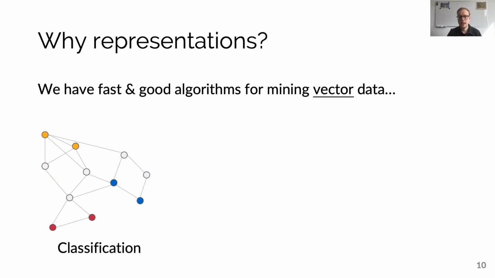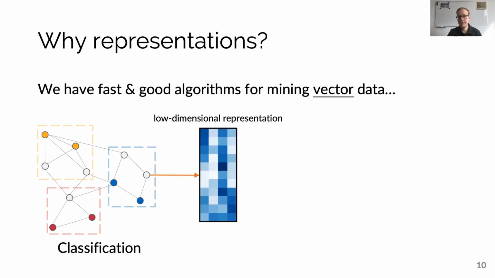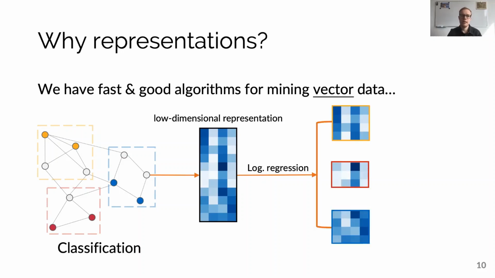In the same way, if we have some classification, so we have some unlabeled nodes and we have some labeled nodes here in color, we would want to predict the labels of the unknown nodes via low-dimensional representation. So for example, now we would apply logistic regression and get the labels for the unknown nodes.